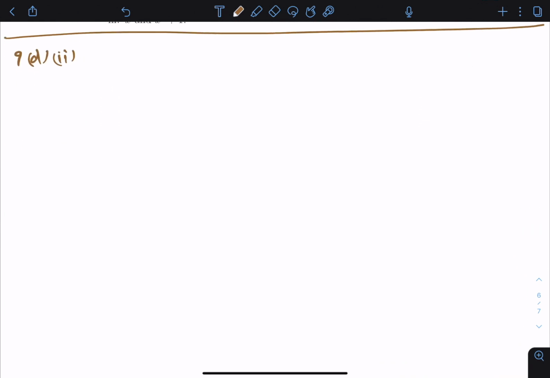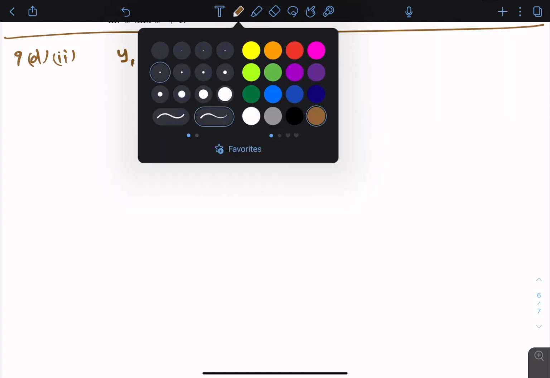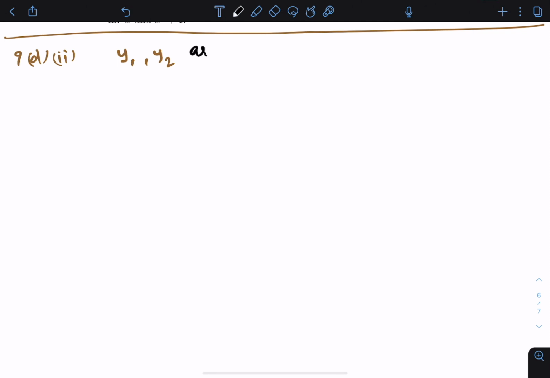So you are given first y1, y2 are linearly independent solutions of Ly equal to 0.